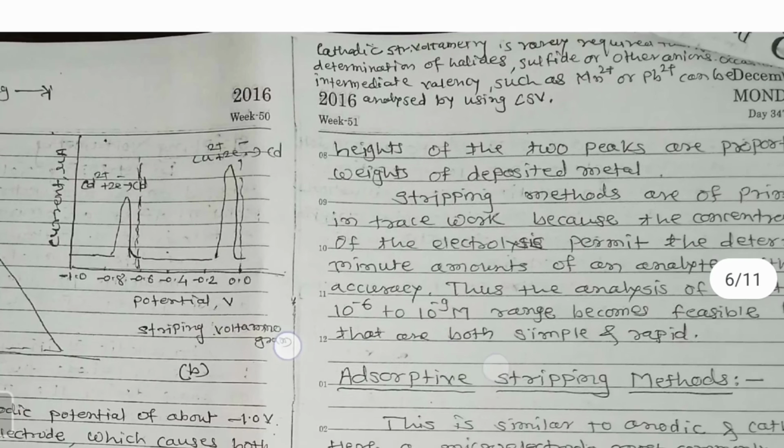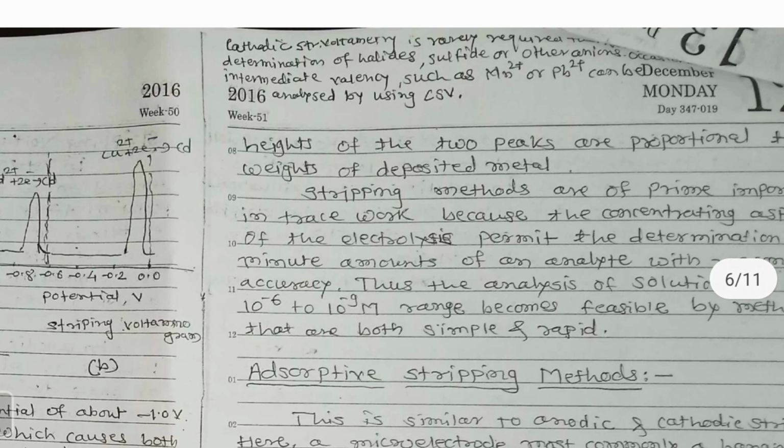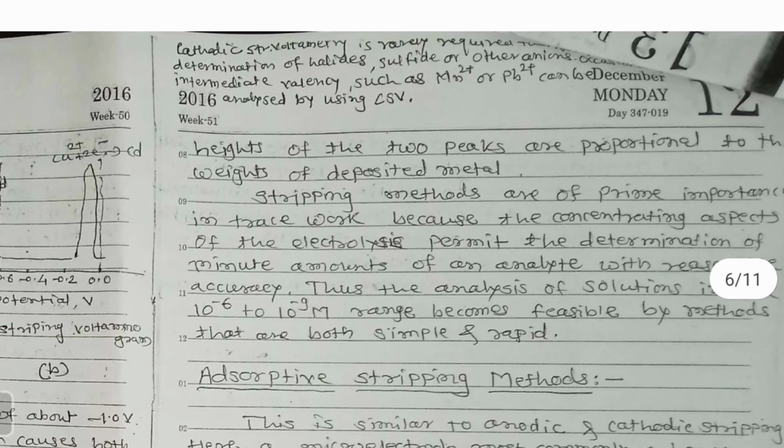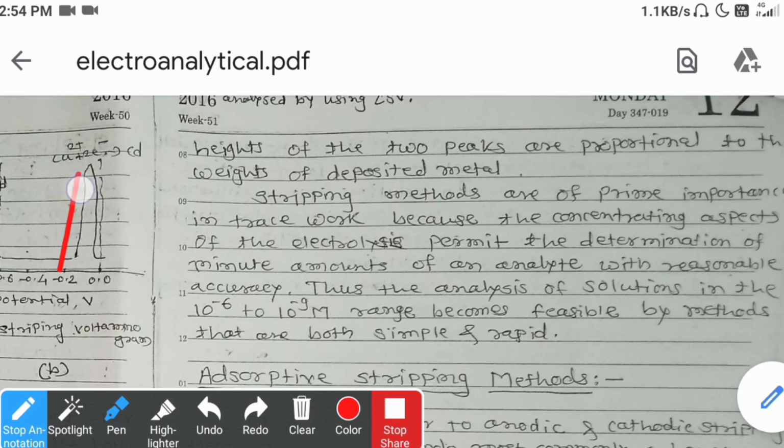So this is the qualitative analysis, and for quantitative analysis the height of the peak gives you information about the weight of the deposited metals, or indirectly the amount of analyte present in the given sample.